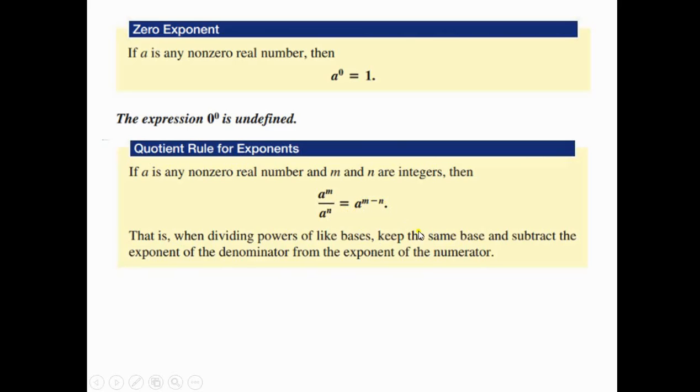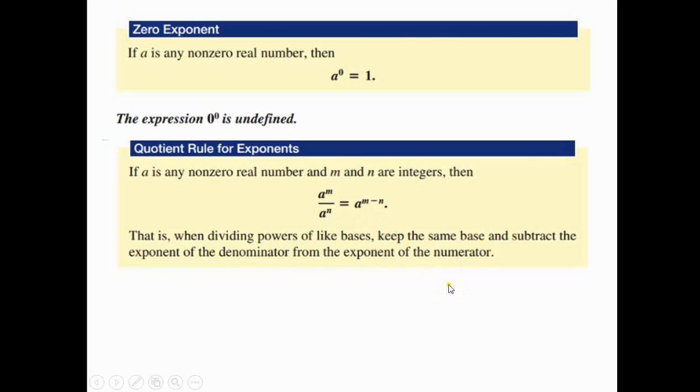What this is saying is, if we're dividing powers of like bases, a is our like base, we keep the same base, a, but we subtract the exponent of the denominator from the exponent of the numerator. As you can see, m minus n, okay?